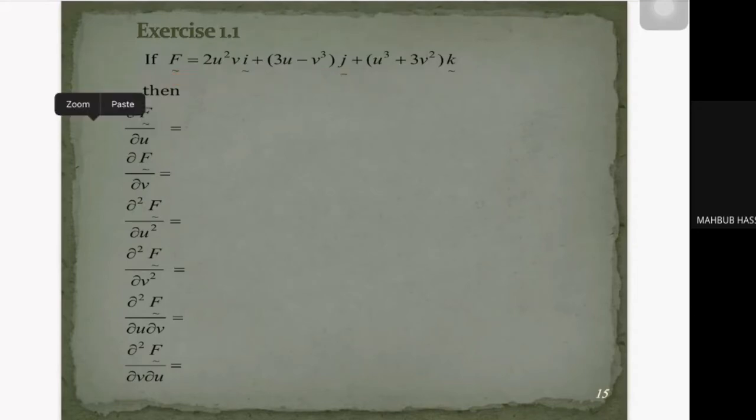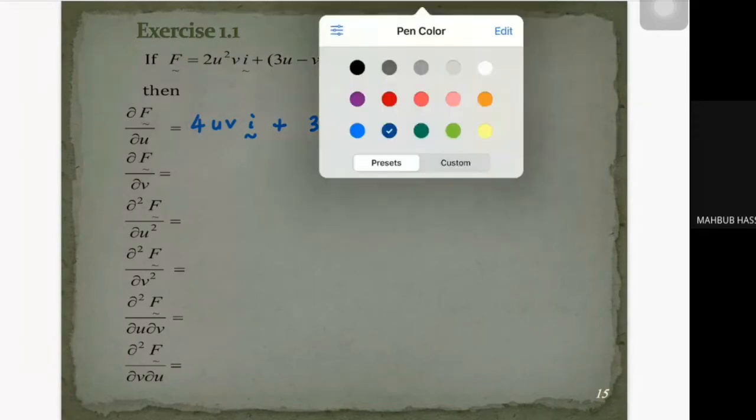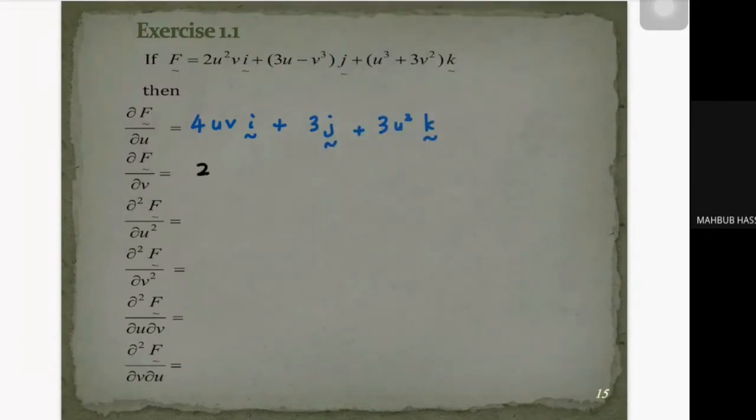Del f over del u will be 4uv i. So this is your del f over del u. And then find del f over del v. Del f over del v is 2u squared i minus 3v squared j plus 6v k.